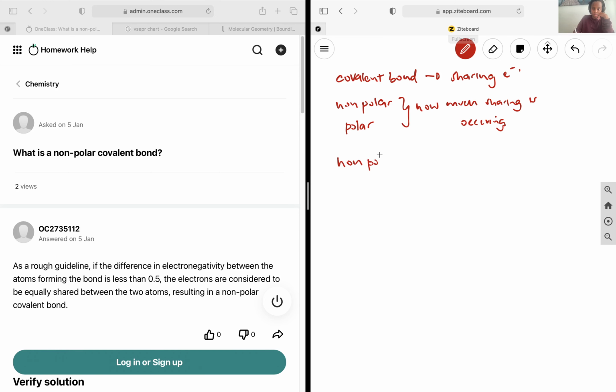So nonpolar is when sharing is roughly equal. And then that means that polar is when sharing is not equal. How you can tell how much sharing is going on will be entirely dependent on the electronegativity of bonding atoms.